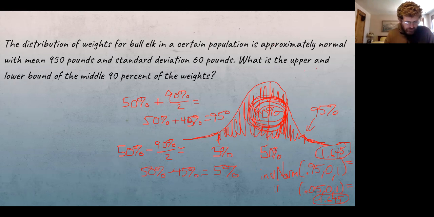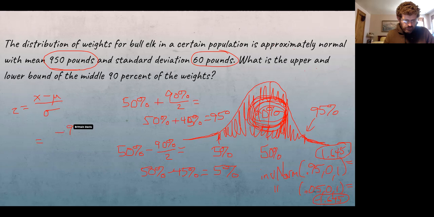And now we're going to do some z-score calculations because it wants the lower and the upper bound for this particular distribution of 950 and 60 pounds. Okay, so that's going to be x minus the mean divided by the standard deviation. We know the mean is 950.